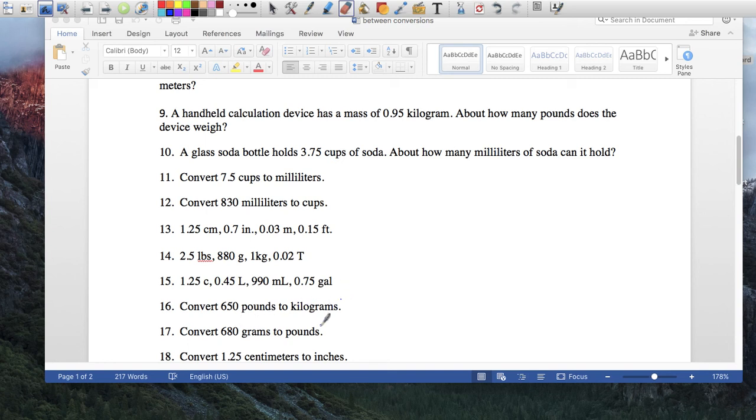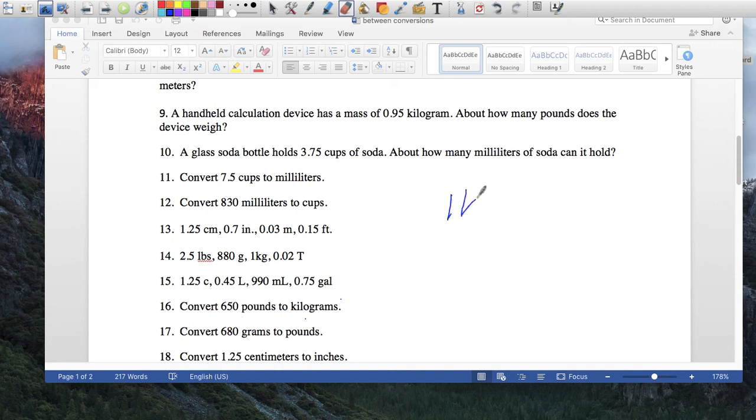680 grams to pounds. Is there grams to pounds? So you might have to change the grams here. We don't have one on the sheet, but you might change kilograms to pounds. So change 680 grams to kilograms.